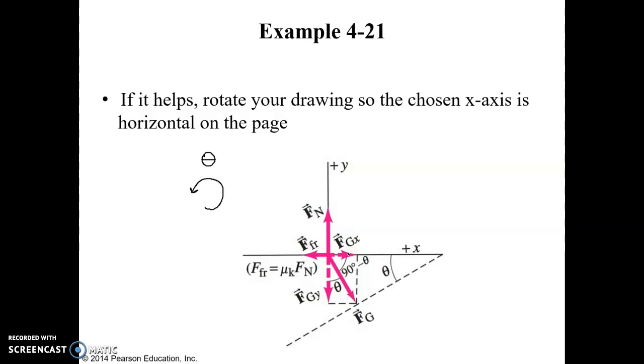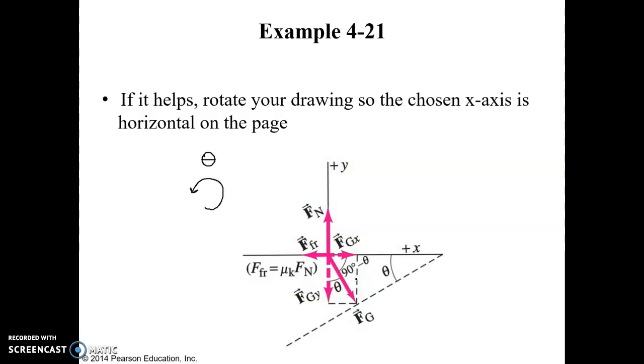So by doing this, our friction force is perfectly horizontal, the normal force is perfectly vertical, and it's just now the gravity force that's at an angle. Okay, and what was going straight down, since I rotated the whole diagram theta degrees, is now making an angle with respect to the vertical of theta.